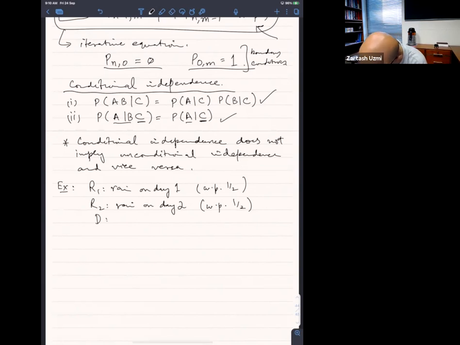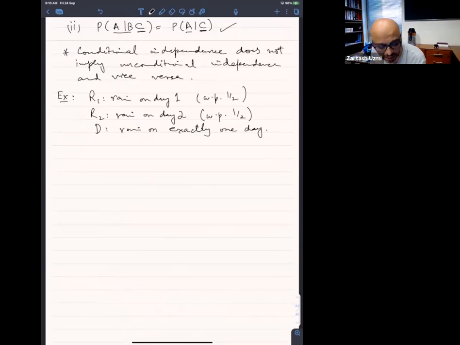And D is the event that rain falls on exactly one day. We found these probabilities earlier: 1/2, and D also had probability 1/2. Now the question is, are R1 and R2 independent?